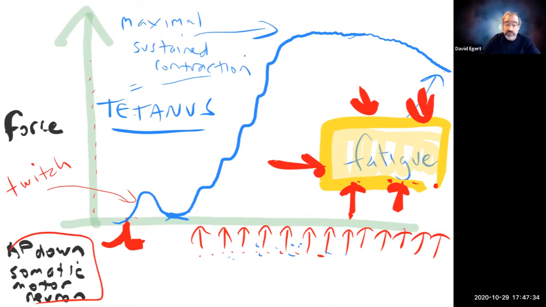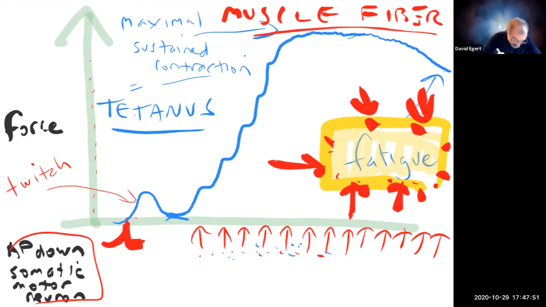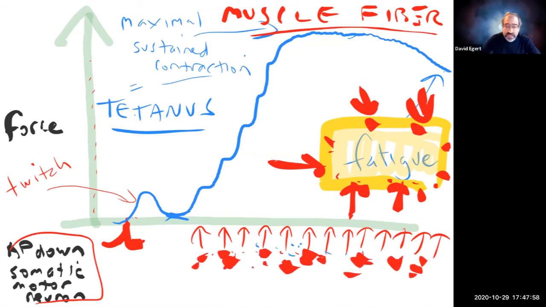So fatigue. All right, so now what we're going to talk about is this. So this is a muscle fiber we've been talking about. And if you start turning on a muscle fiber by sending action potentials down the neuron that activate it, you are going to get this contraction.